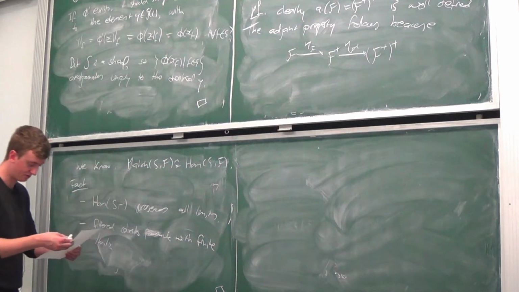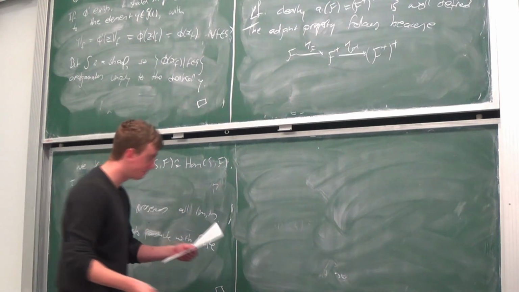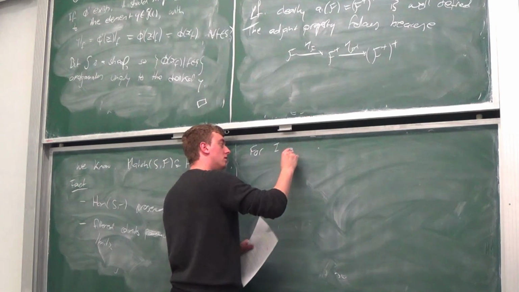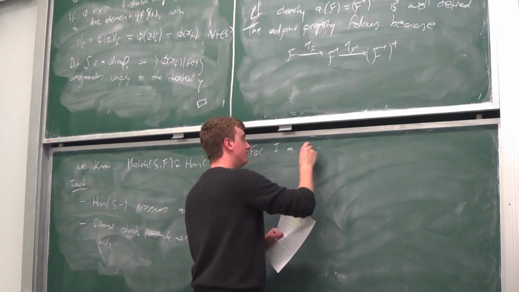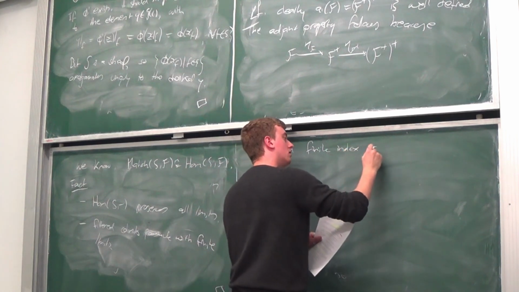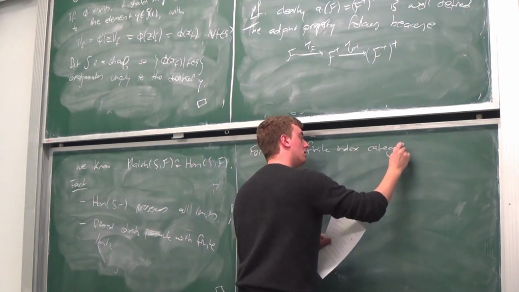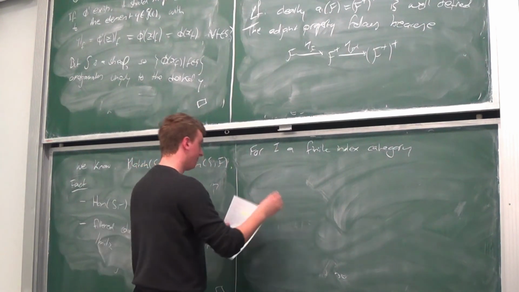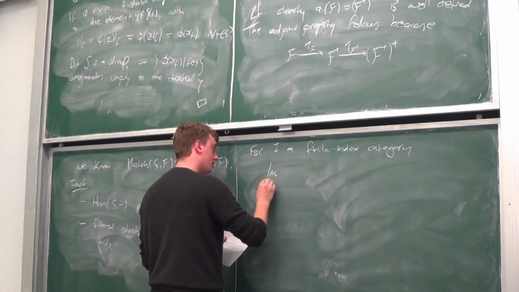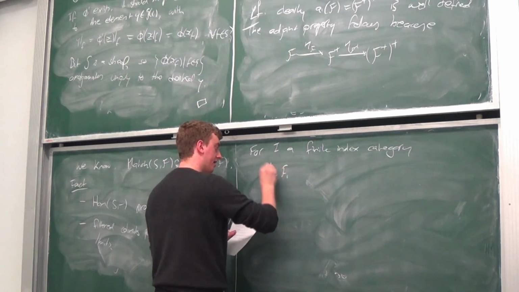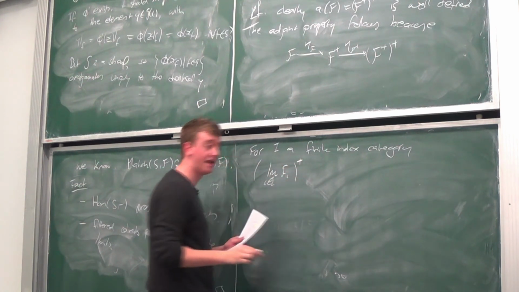This means, so putting these two together, that for some finite index category, we're going to have the limit of the F i plus of that.